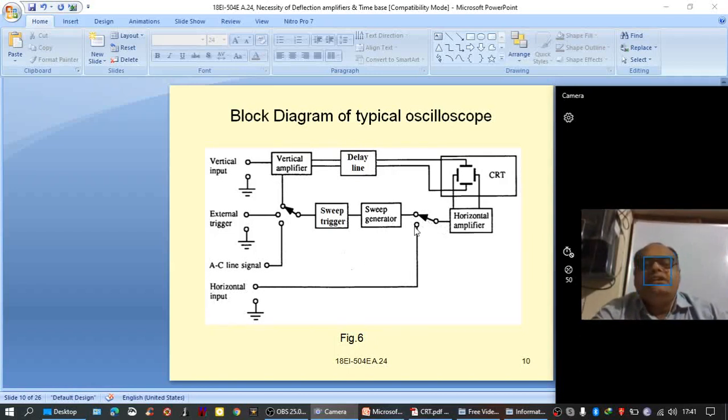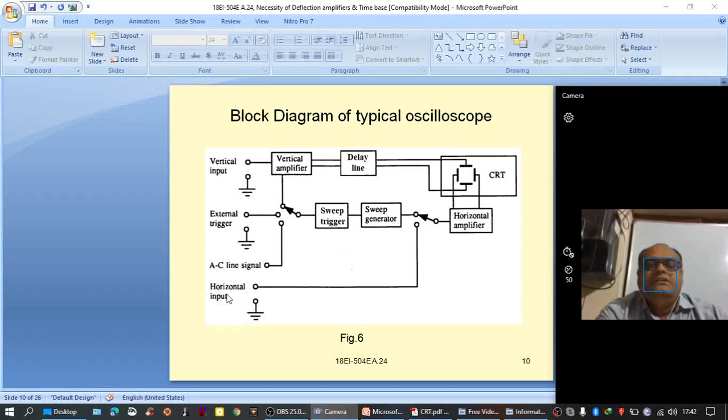When the switch is connected to the second position, where external horizontal input is applied as input to the horizontal amplifier, in this type of arrangement a known frequency, known magnitude input is applied to the vertical input, and an unknown frequency, unknown magnitude signal is applied to the horizontal input.